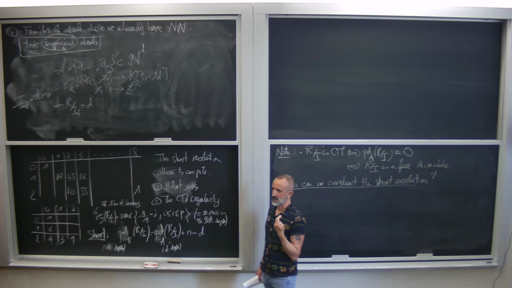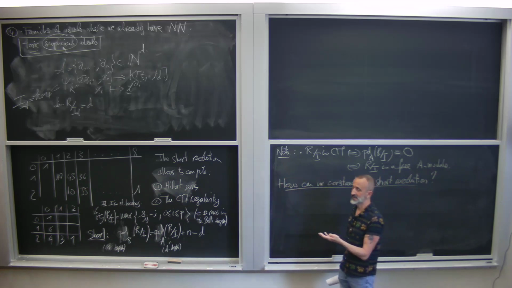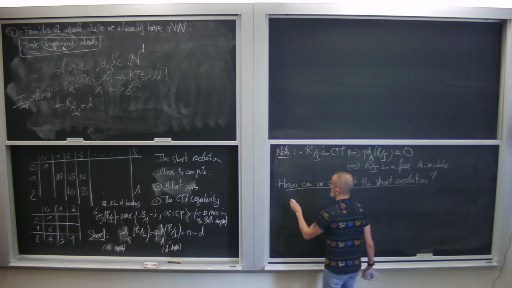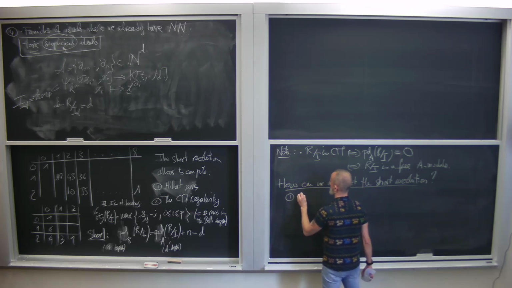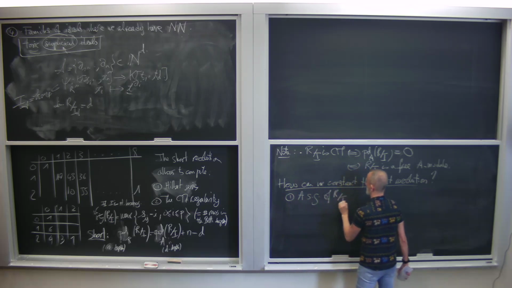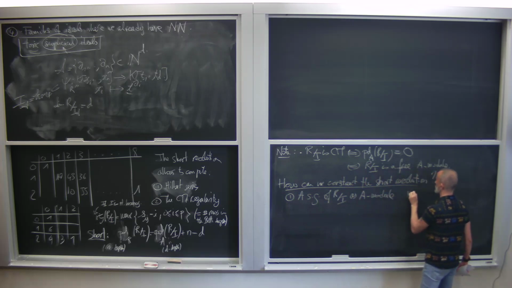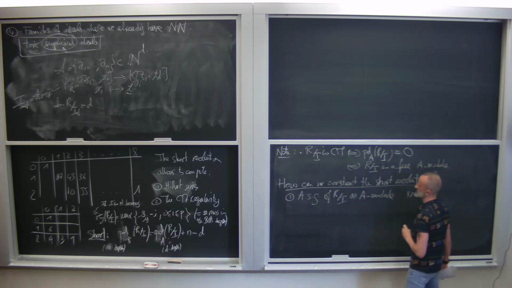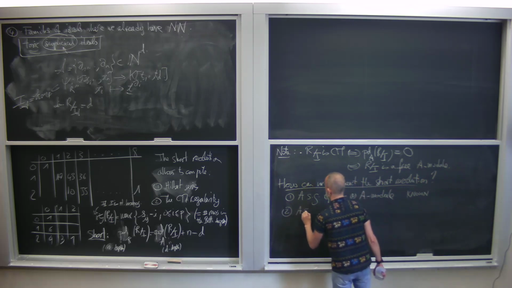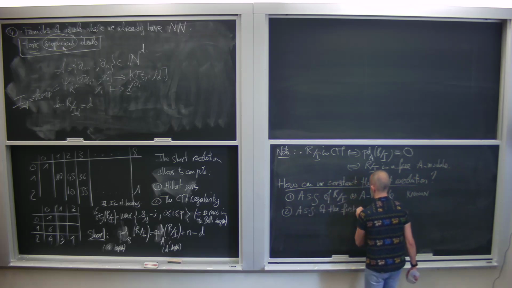We need a system of generators of R over I as a module, and this was known. And we need a system of generators of the first syzygy module.